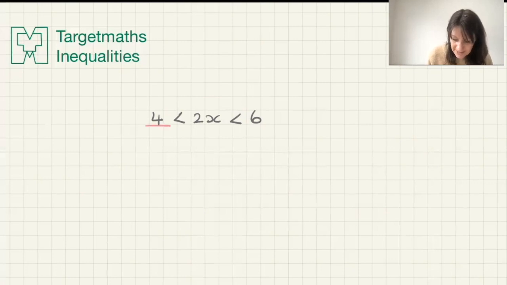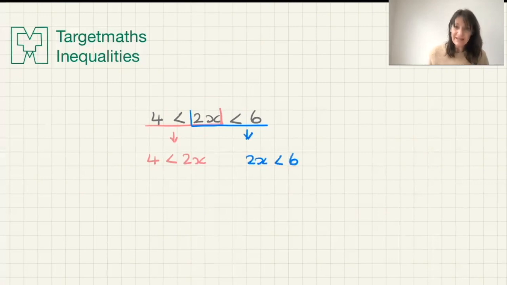So we're going to see it as that, and then we're also going to see it as that, okay? So the red one was 4 less than 2x, and the blue one is 2x less than 6. So we are actually pulling, because we've got 2 symbols, 2 equations together, okay?